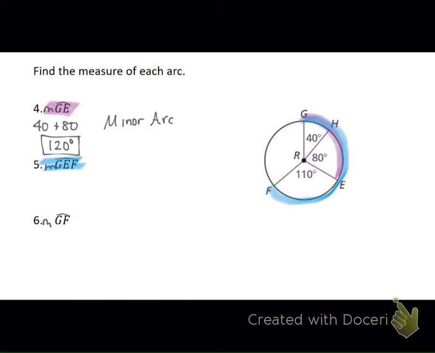Add 40 plus 80 plus 110. All of those angle measures add to those arc measures. Again, it doesn't tell you to name it, but is this a major or a minor arc? It's a major arc.